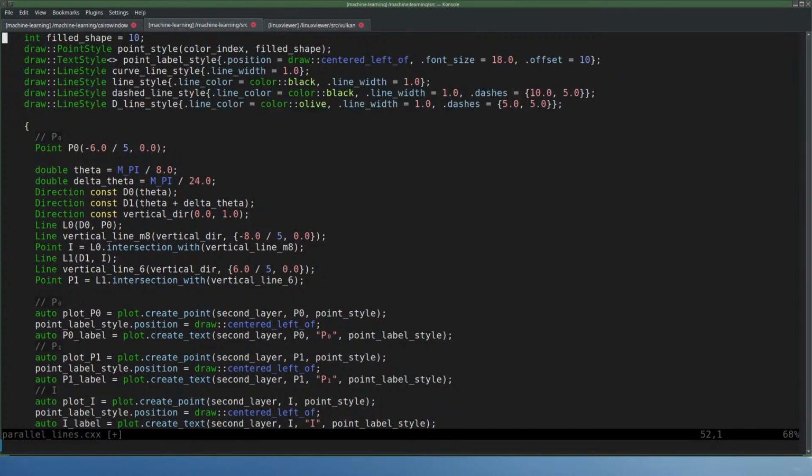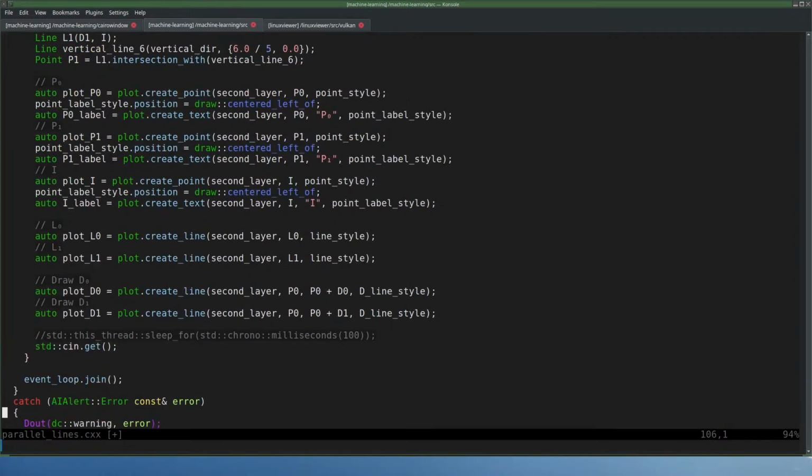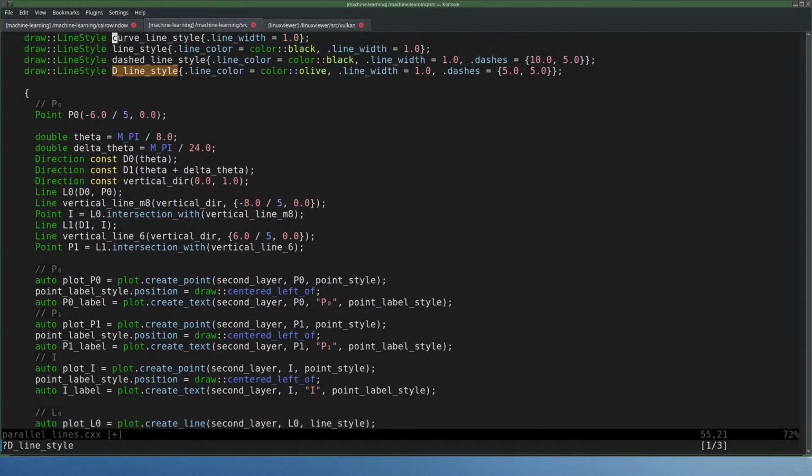Is that not already enough? And then I wanted to draw this one last. Yeah, I'm already drawing it last. Maybe make the line width bigger. Line width 2.